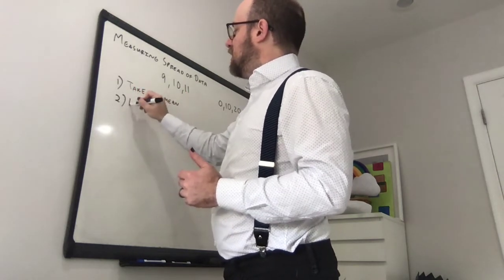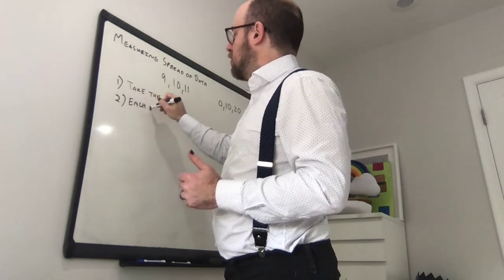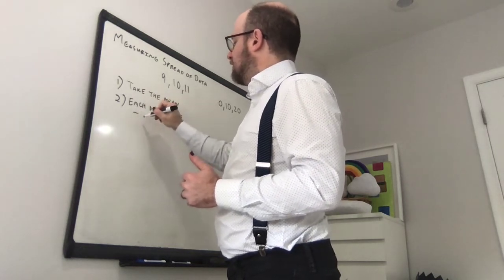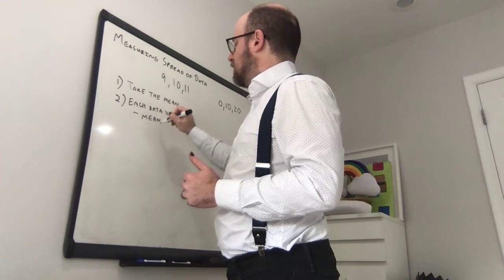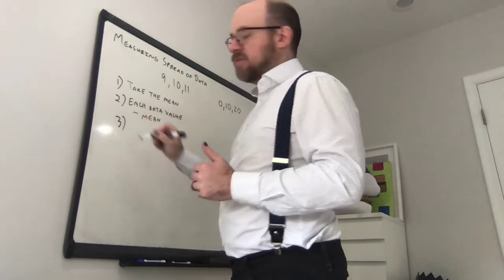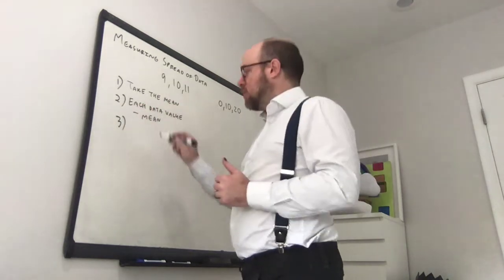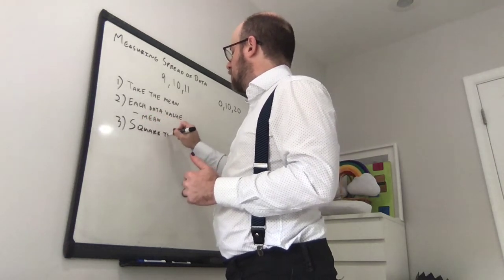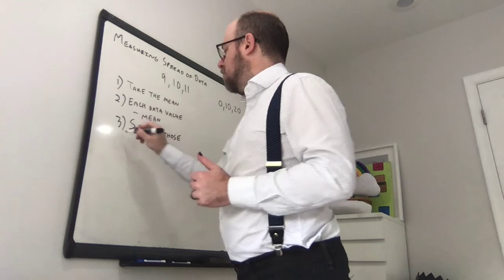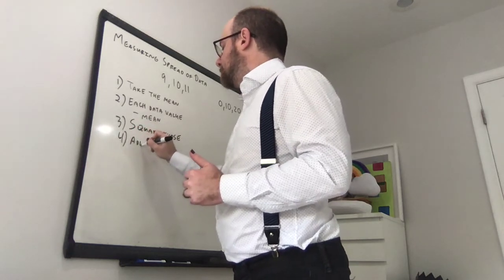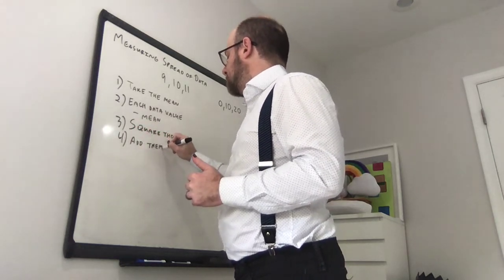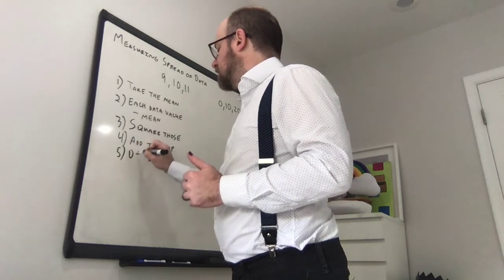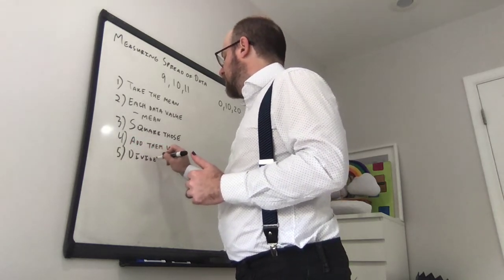Then we're going to do each data value minus the mean, right? Subtract the mean from each data value. We're going to square those, add them up, and then divide by the number of data values.